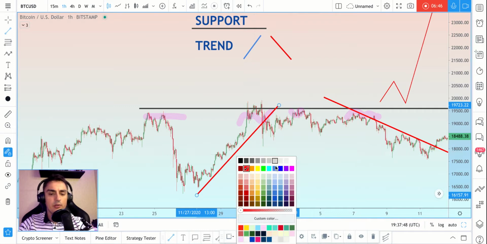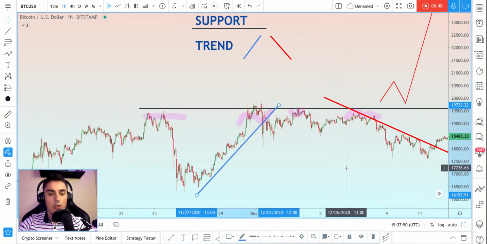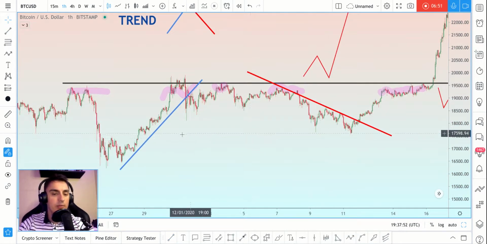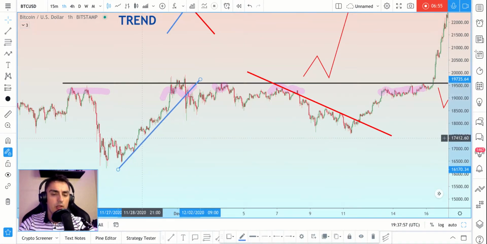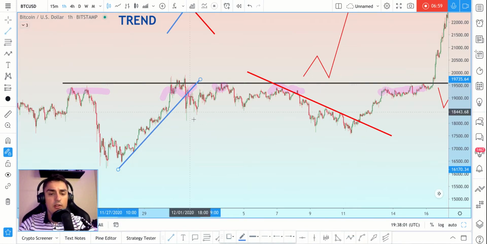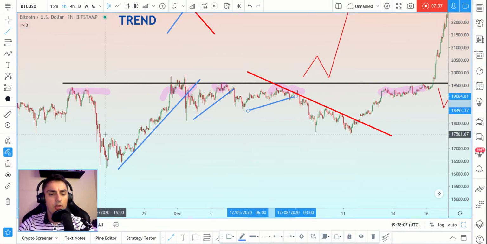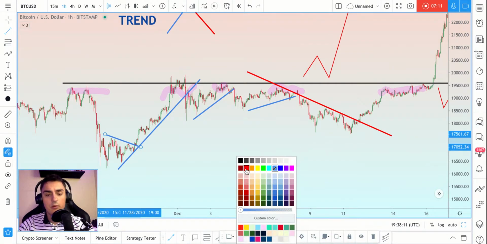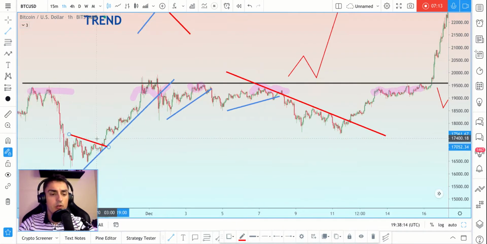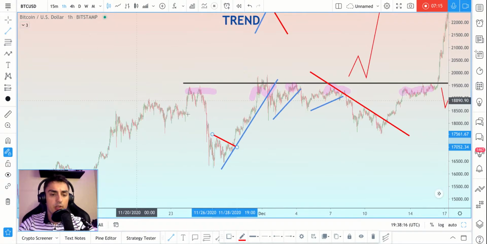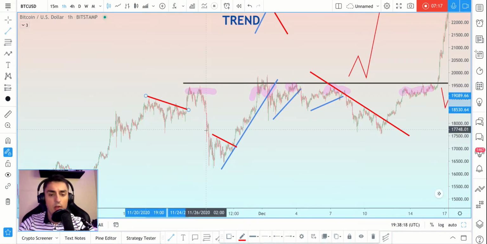There are a lot of ways to spot the trends, but it is the same: a few touches of the line creates a trend, and you can see the smaller trends here as well. There are a lot of trends you can spot during the trading day, or if you are looking at bigger time frames, during the months and days.